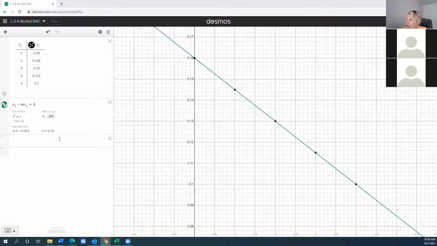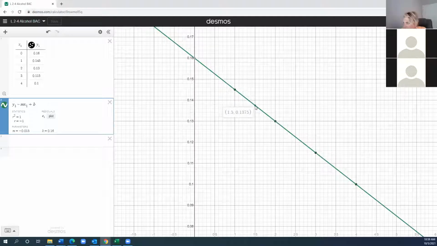Because we have a model, we could just grab this and go to where x equals 1.5, and we're getting really close. And there it is, 0.1375.